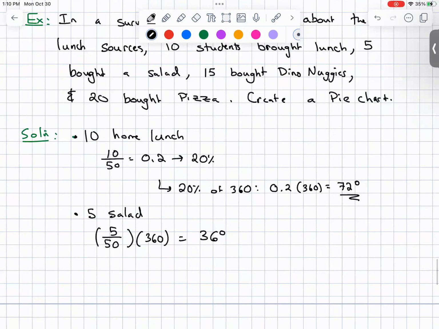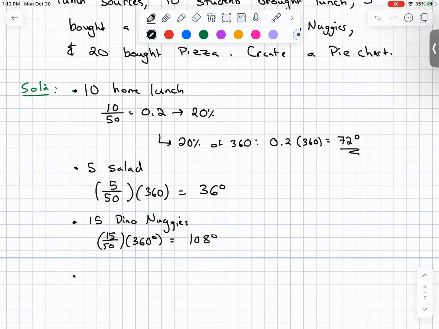Then we got dino nuggies. So 15 dino nuggies. So 15 divided by 50 times 360 degrees. That should be 108 degrees. And last but not least, there were 20 pizza.